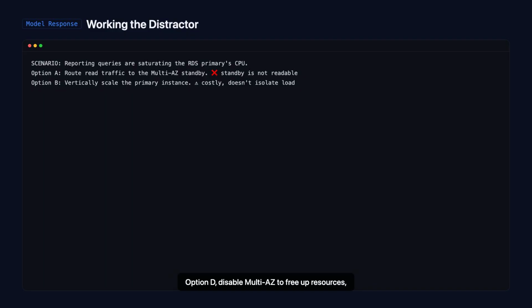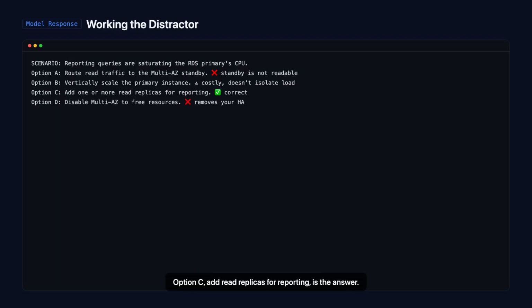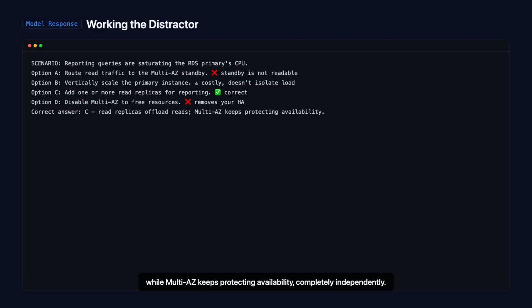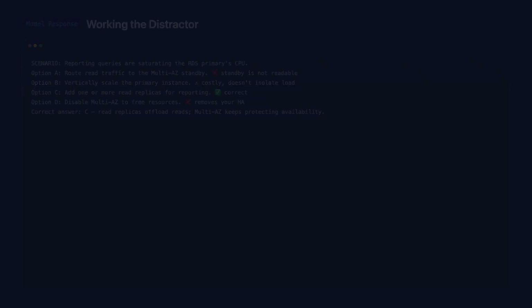Option D, disable multi-AZ to free up resources, throws away your availability to solve a performance problem. That's the wrong trade entirely. Option C, add read replicas for reporting, is the answer. The replicas absorb the read volume while multi-AZ keeps protecting availability completely independently.